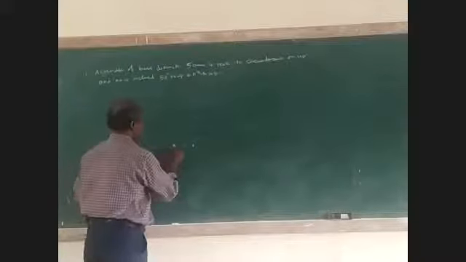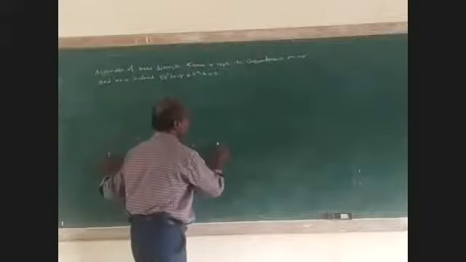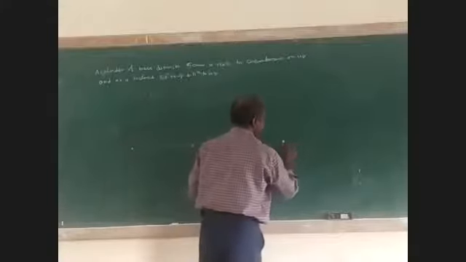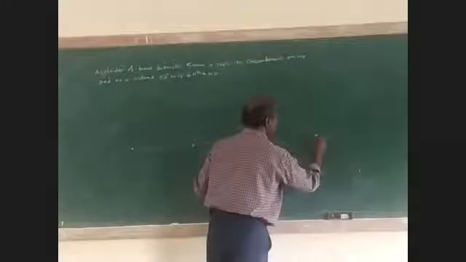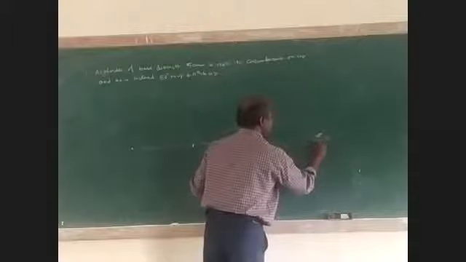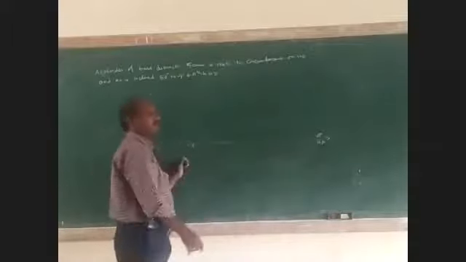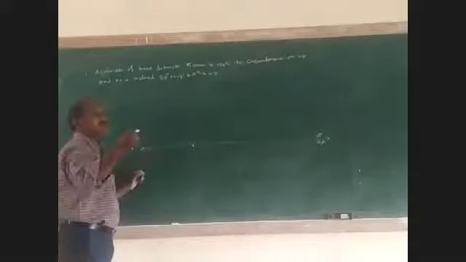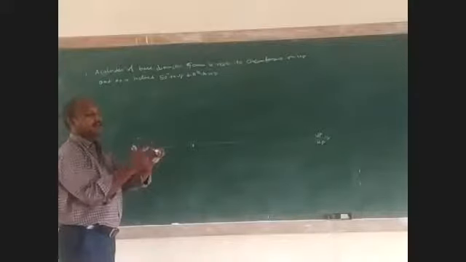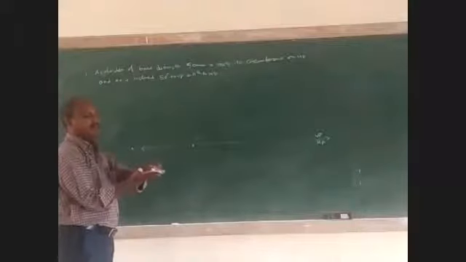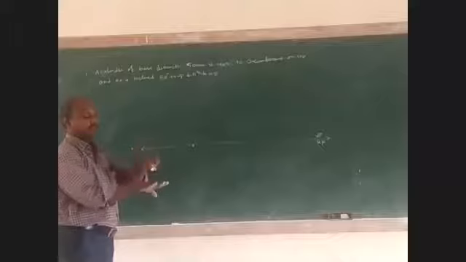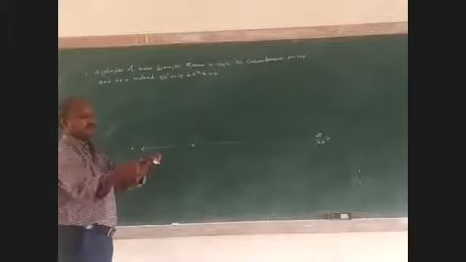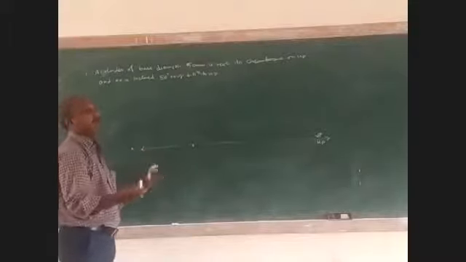What is their simple position? Circumference on HP. Okay, circumference on HP means what it indicates? The axis is perpendicular. This is the circle. This is a cylinder. The circumference is on HP means the axis is perpendicular.